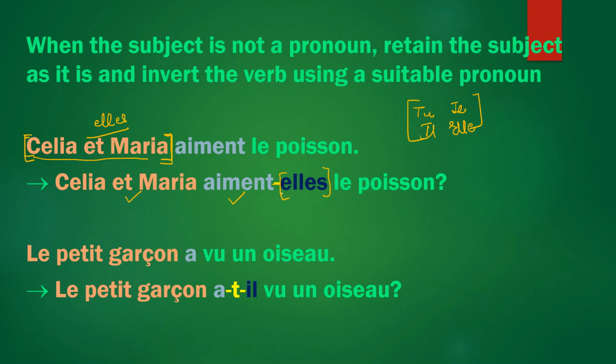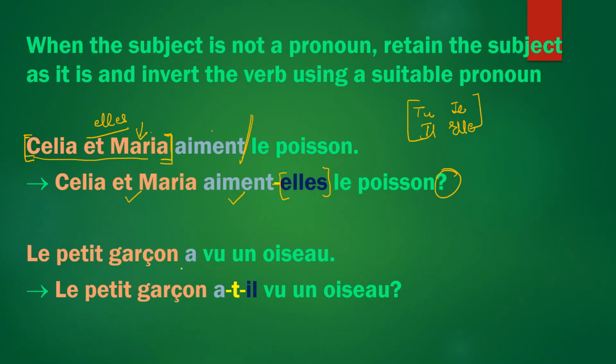The same rule of T will apply if there is a dash between two vowels. So: Celia et Maria aiment-elles le poisson? Question mark. So when you have names or a profession, anything that is not a pronoun, you cannot invert it. You keep it as it is, keep the verb where it is, and introduce an appropriate pronoun which best represents the actual subject.